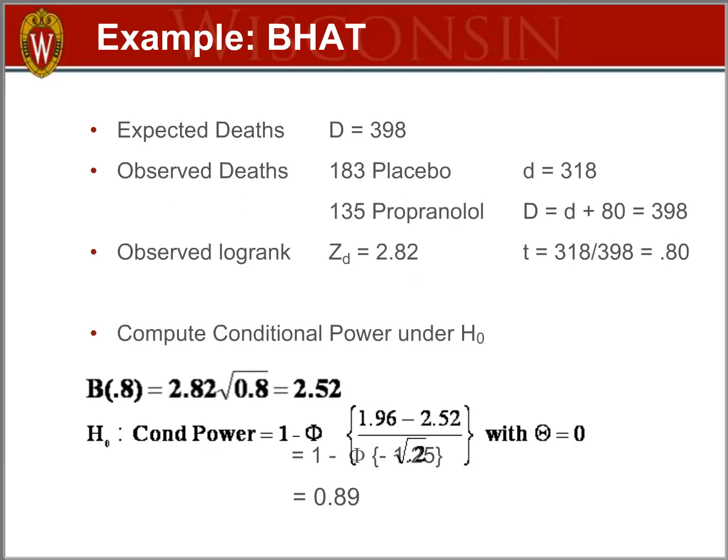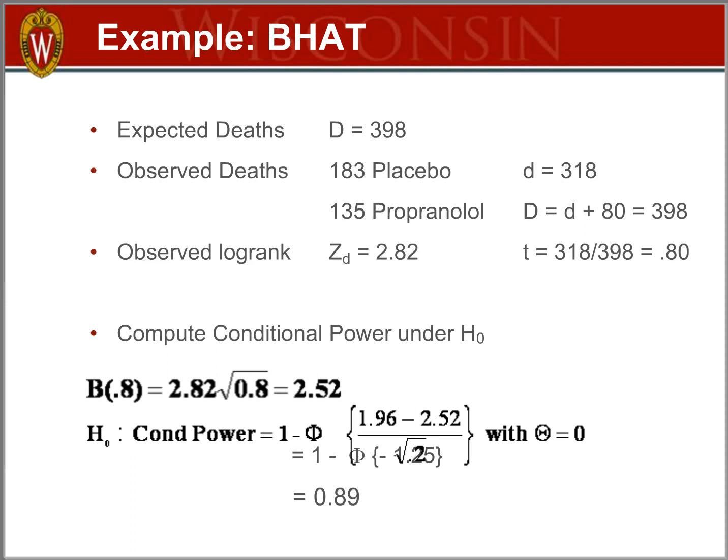In the BHAT trial, for example, which I indicated with the emerging data, when it came to the point the trial was going to stop, there were 183 deaths on placebo and 135 on propranolol. We had an observed benefit for the drug. We had a total of 318 deaths. We expected 398, so we were 80% of the way through the trial, 318 divided by 398. The test statistic was 2.82.